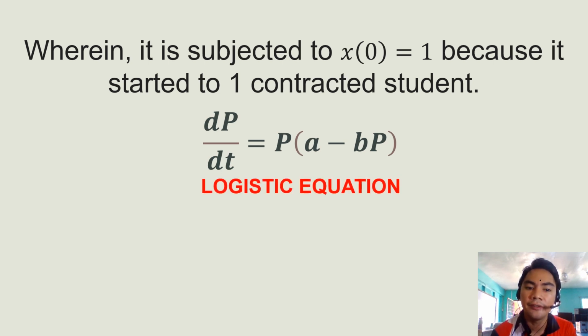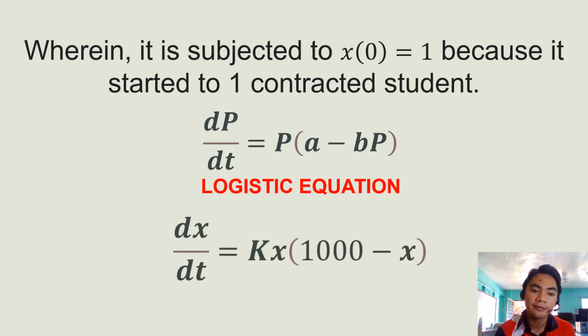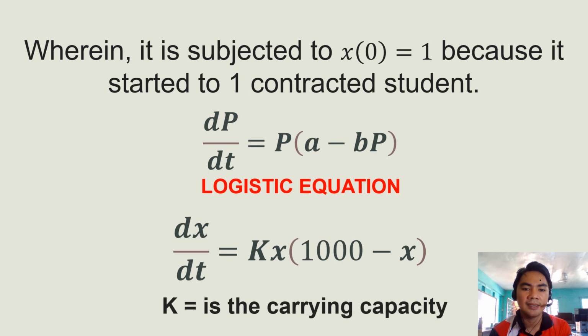Now, to relate this logistic equation to the problem, we are making an equation of dx over dt is equal to k times x quantity of 1000 minus x, where our P in here is equal to x. Now let us distribute the k inside, where our k in here is the carrying capacity.